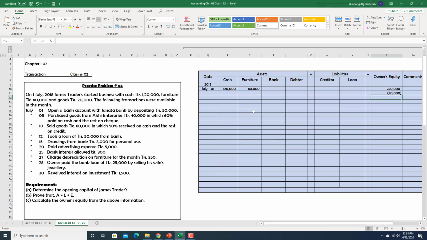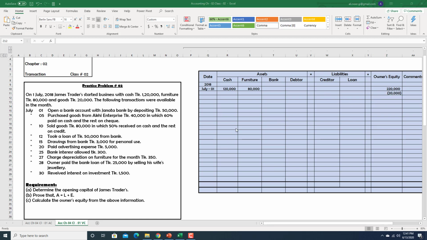So you have to subtract the amount of goods from the total equity. You can see 1,20,000 plus 80,000 is 2 lakh, and 2,20,000 minus 20,000 is 2 lakh. So assets equal liabilities plus owner's equity.